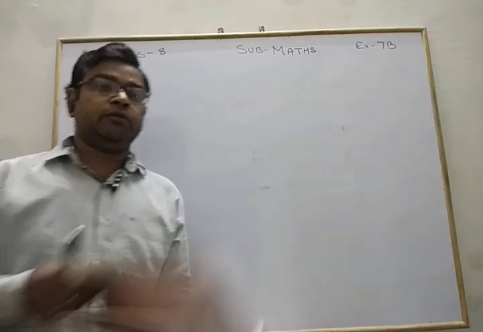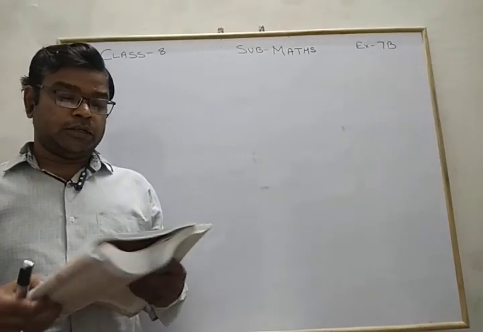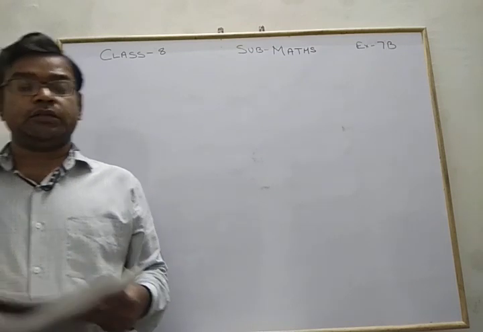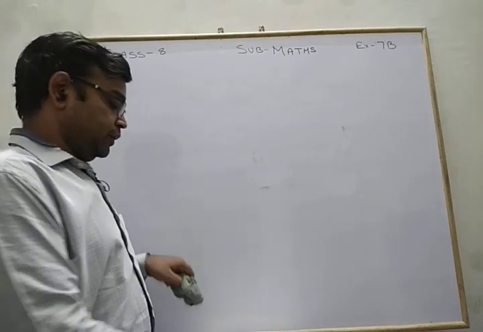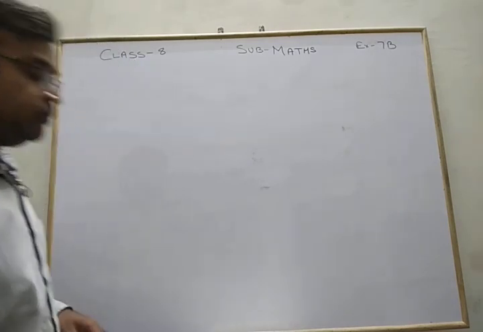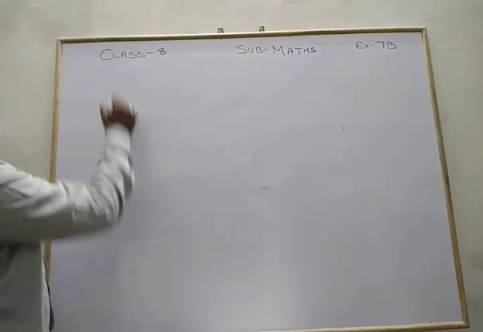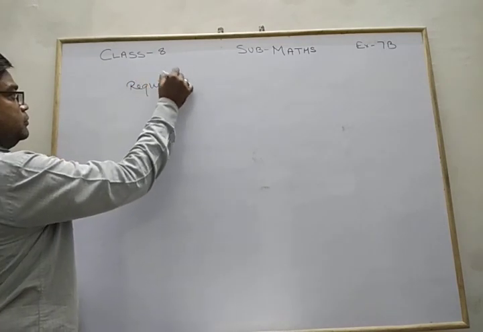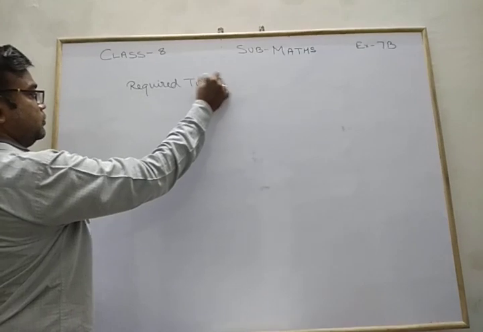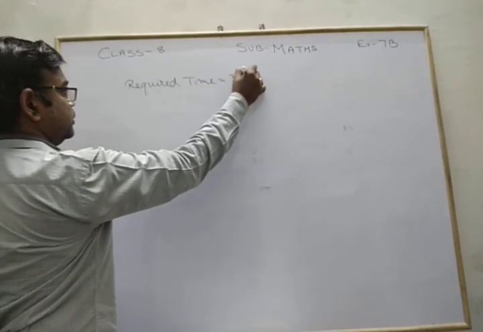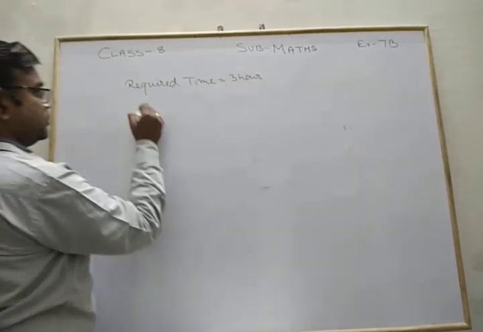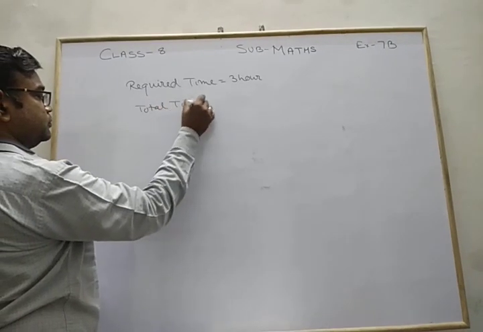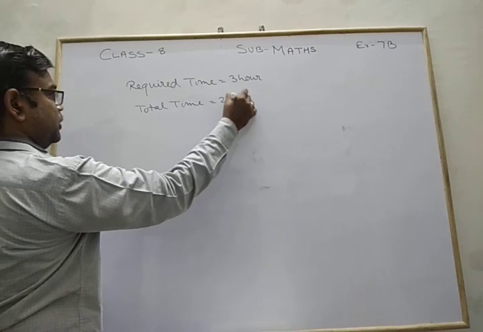First, let us see what percent of a day is a time duration of 3 hours. What percent of a day is a time duration of 3 hours? So required time equals 3 hours. Total time in a day is 24 hours.